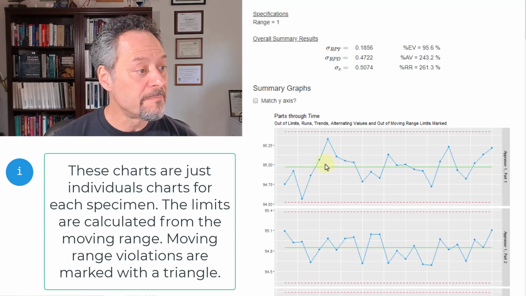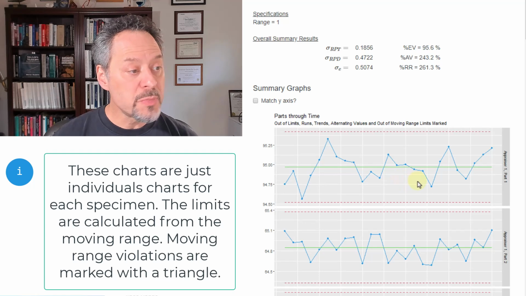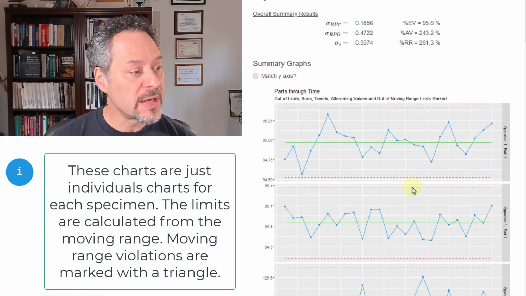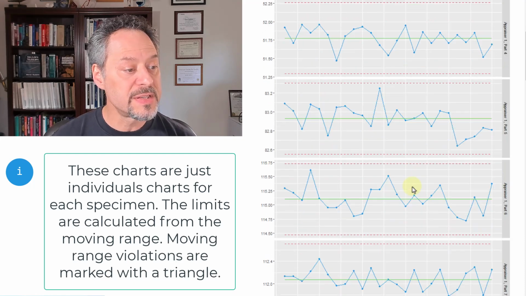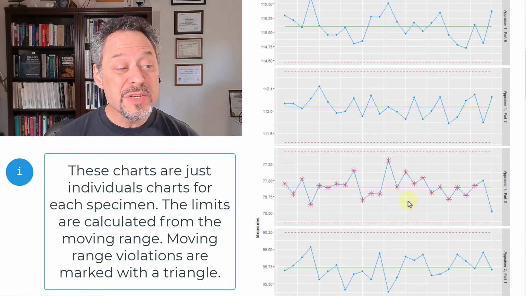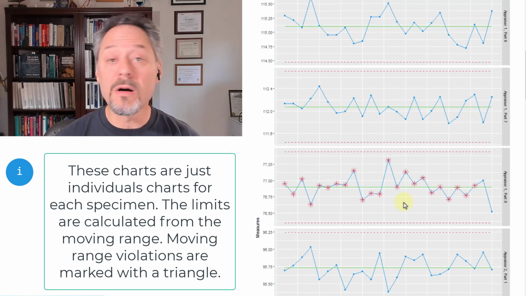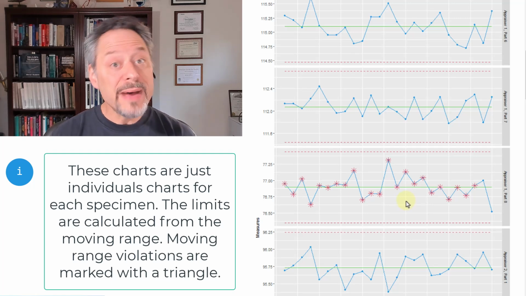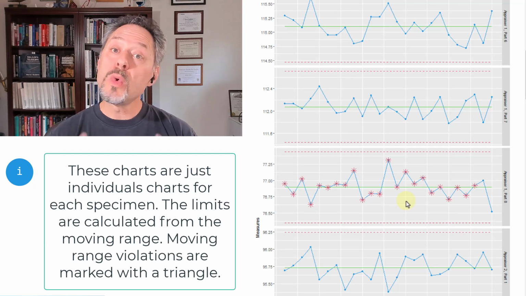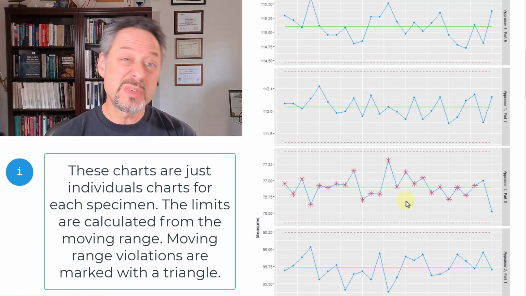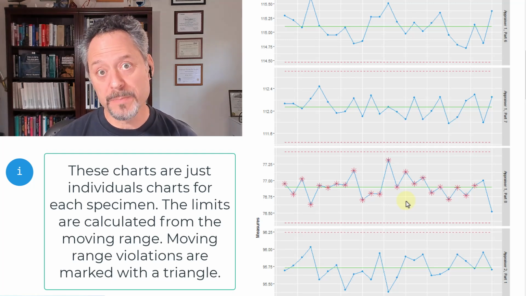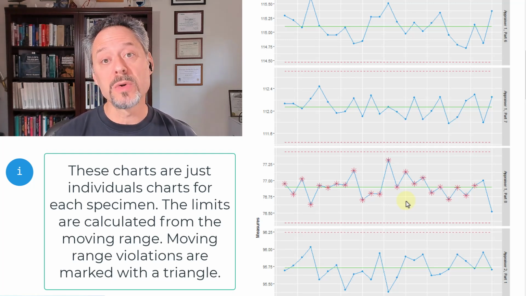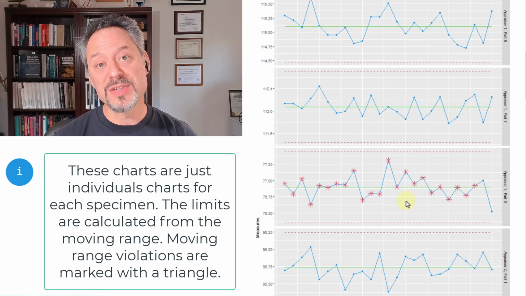And we look at this and we see part 1 looks pretty stable. It goes up, it goes down, but it's not out of control. Part 2, part 3, part 4, part 5, 6, 7, appraiser 1 part 8 does have alternating values. So you might want to investigate this, because when you see this in the real world, this is often, particularly for an automated gauge, some sort of an internal recalibration that's happening too quickly, or the deadband around that recalibration is set too tight.